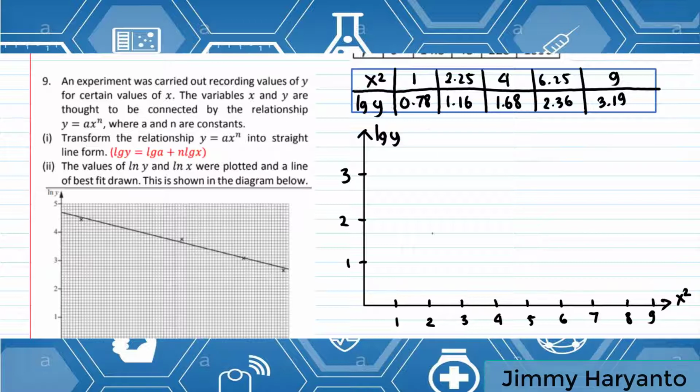Okay, let's plot the points. 1 and 0.78, it will be right here, and then 2.25, 1.1, 4 and 1.68, and then 6.25, 2.36 right there, and then 9 and 3.19. Okay, and the straight line will be like this. Okay, this is the straight line.